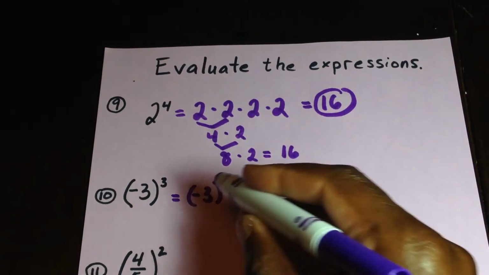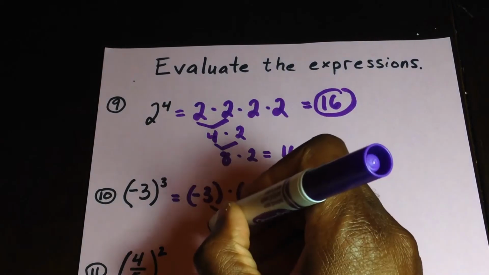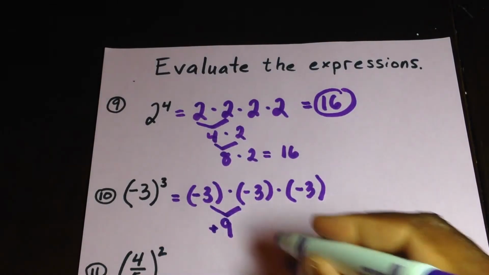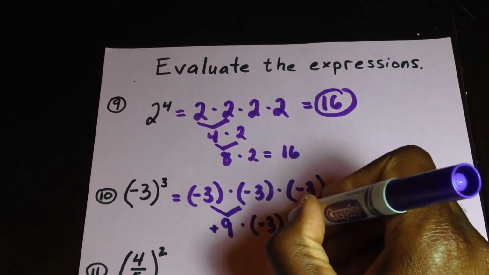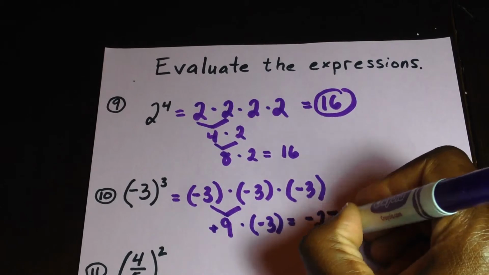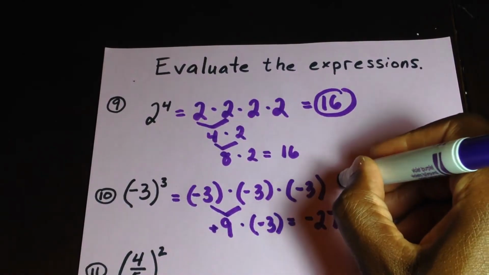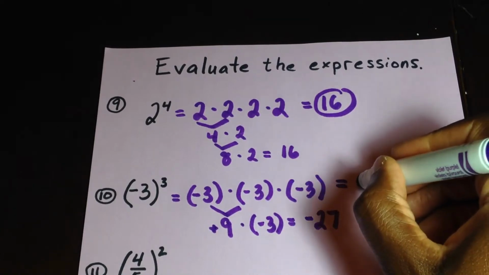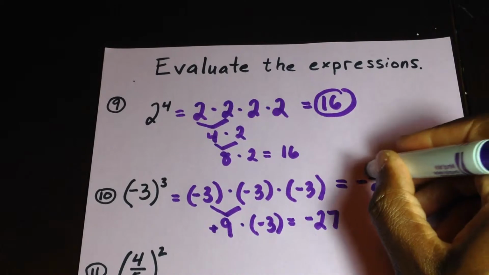It's negative 3 times negative 3, which gives me a positive 9. And the 9 times this negative 3 will come out to negative 27, because a positive times a negative is a negative. So negative 3 to the 3rd power is going to be negative 27.